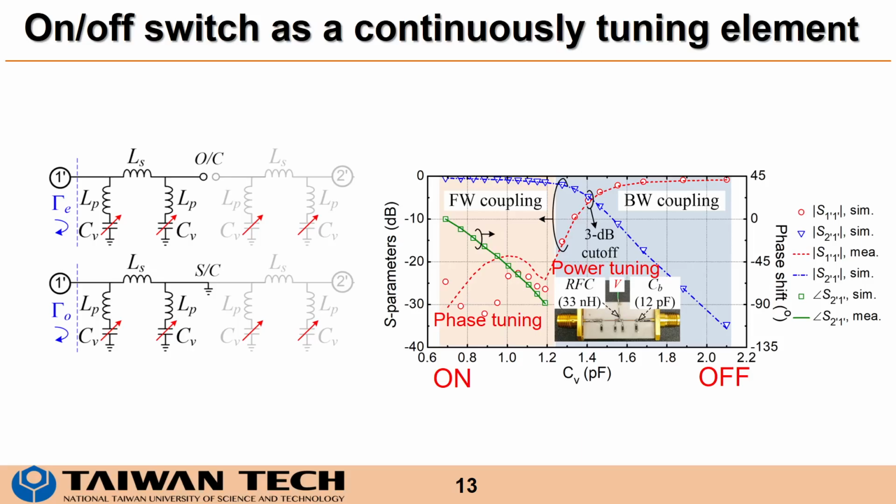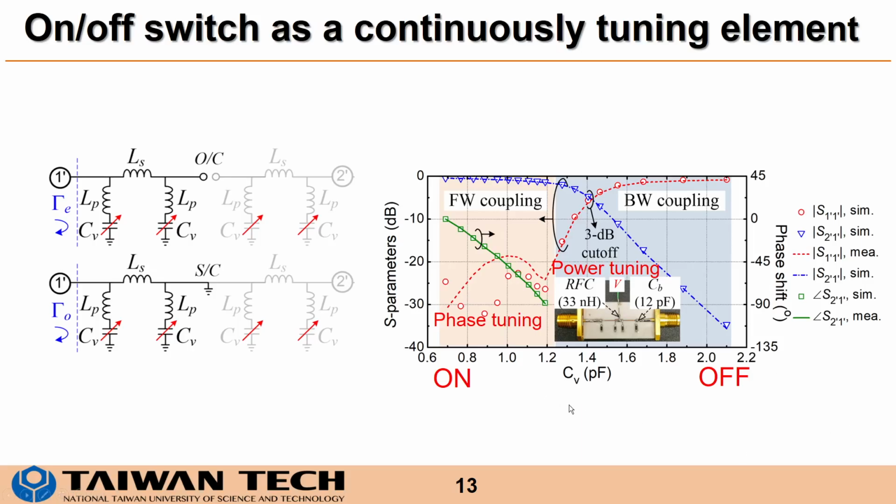And here, we have the on-off switch serving as a continuous tuning element. The application we use here is to tune the phase and power of a coupler. On the left hand, we have the equivalent circuit of the structure, and the right hand is the performance when we vary the varactor's voltage.